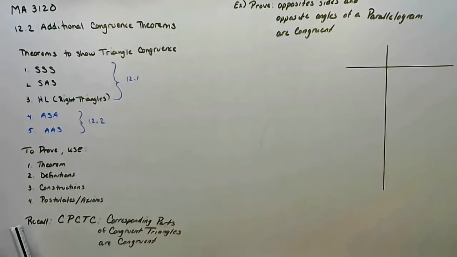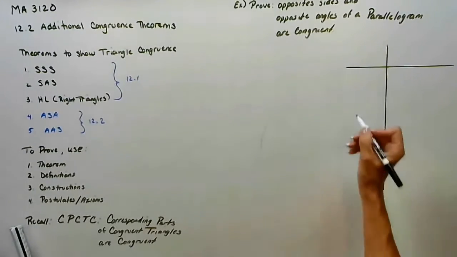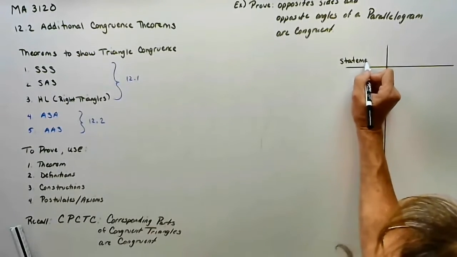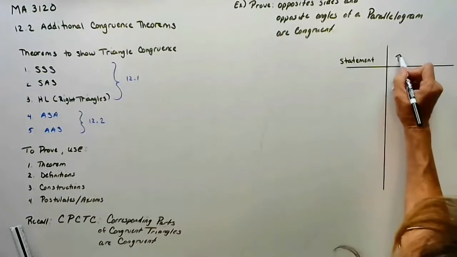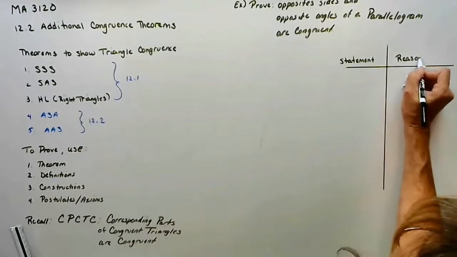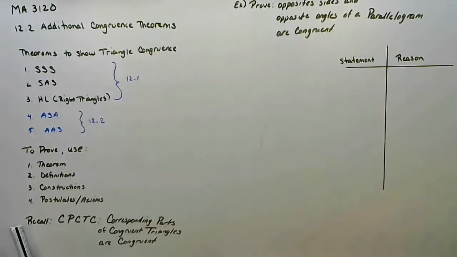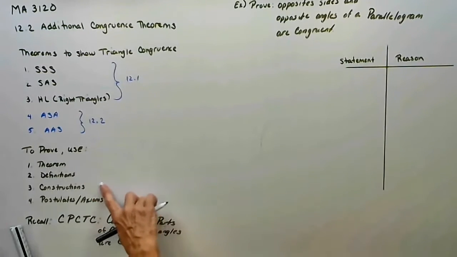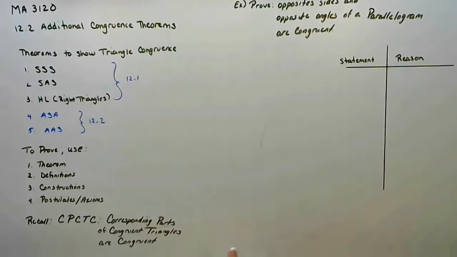On one side, it gives you a statement. On the other side, you provide the reason. And that reason can be, again, a theorem, a definition, a construction, a postulate. But the one thing we always start with is a given statement. Always start with whatever's given to you.